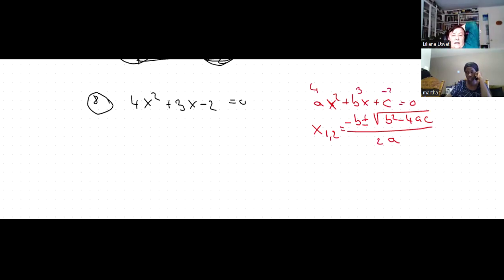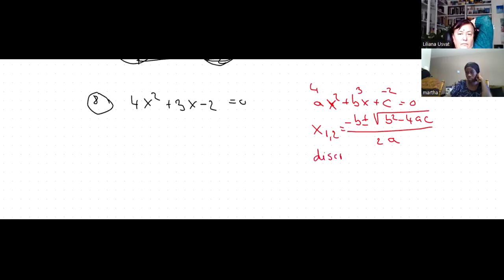The discriminant, we call it delta, is b squared minus 4ac. So the expression under the radical we call the discriminant.